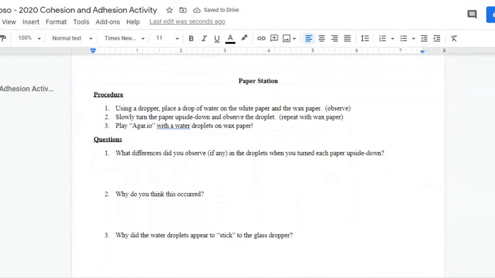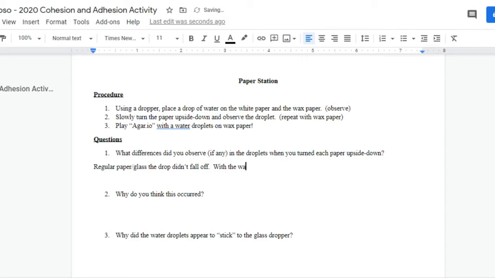All right, so now the paper station is where I put drops of water on regular paper. Some classes I used a microscope slide, a glass, and then I put drops of water on wax paper. Well, what happened when I turned them over? Well, the regular paper and the glass, the drop didn't fall off.